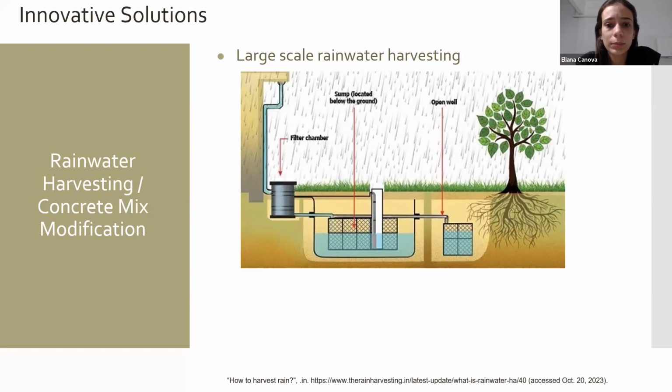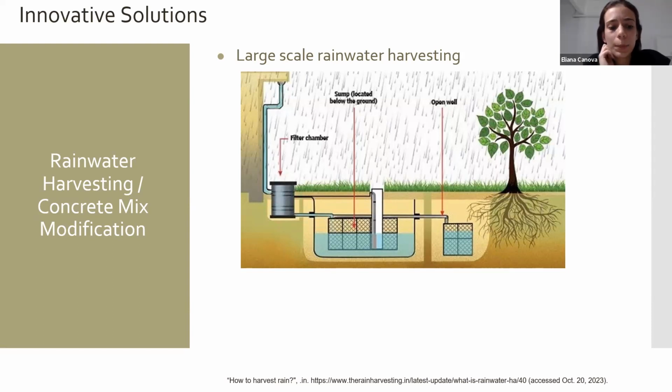Large-scale rainwater harvesting technology can capture significant volumes of water, especially in regions with irregular and substantial rainfall.